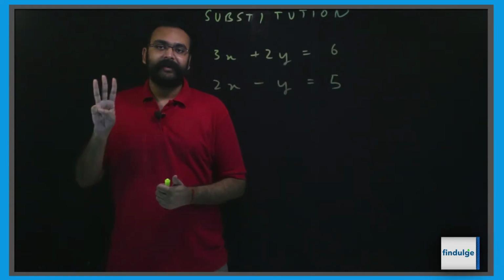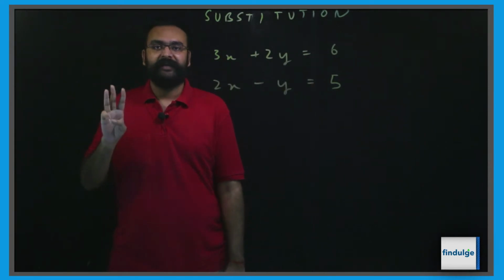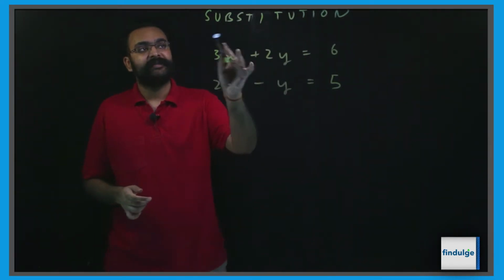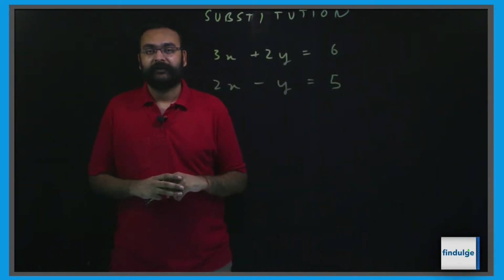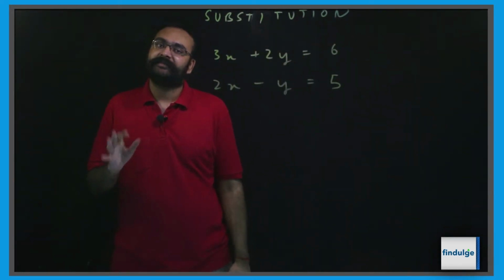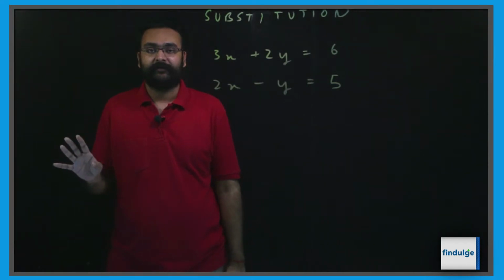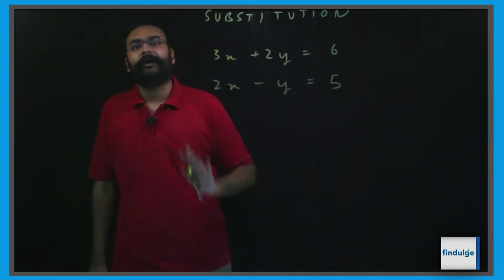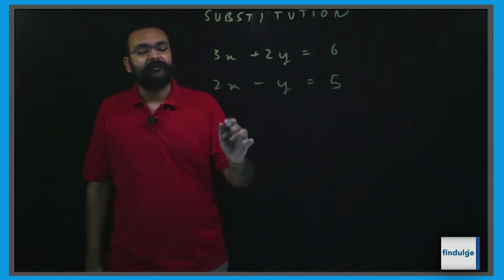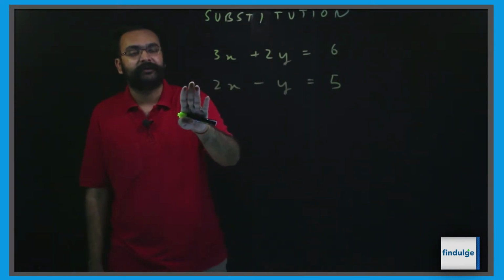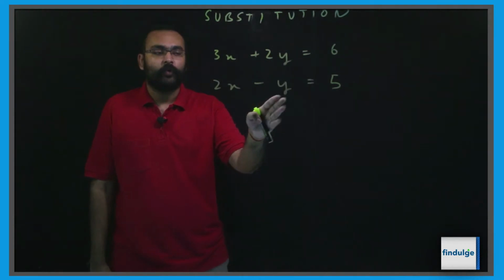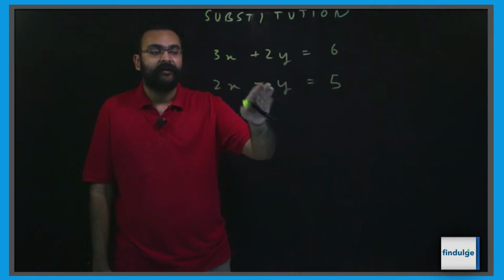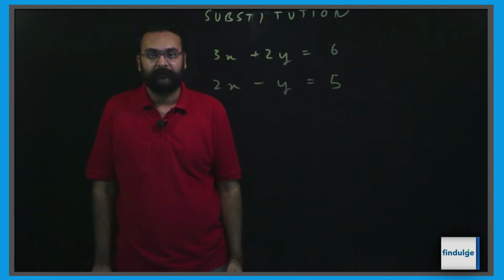So there are 3 methods to solve a linear equation. The first method is known as the substitution method. Conceptually, this is the easiest method to understand. What we will do is, using one of our 2 equations, let's say from the second equation, get the value of one of our variables, let's say in this case y, in terms of the other variable.